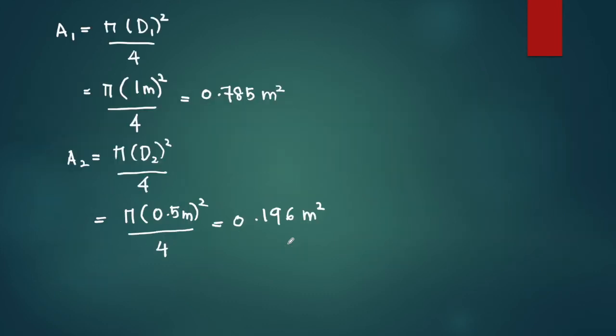Now we have to find the velocity for U1 and U2. So here we have A1 and A2. Now we calculate the velocity at point 1, which is the volumetric flow rate divided by A1. The volumetric flow rate is 2 meter cube per second, divided by 0.785 meter square.